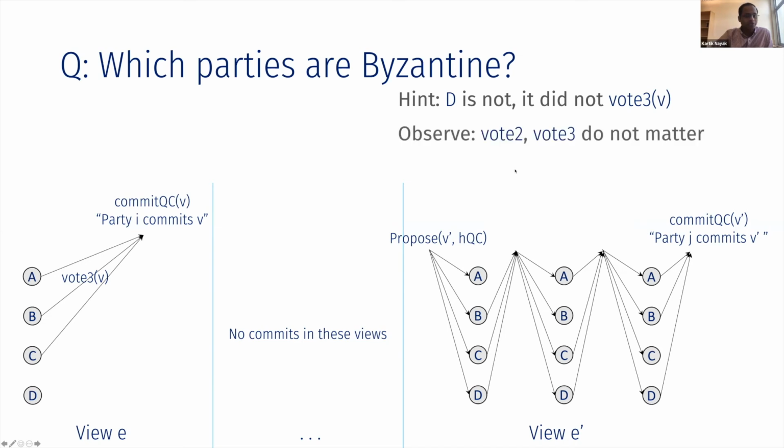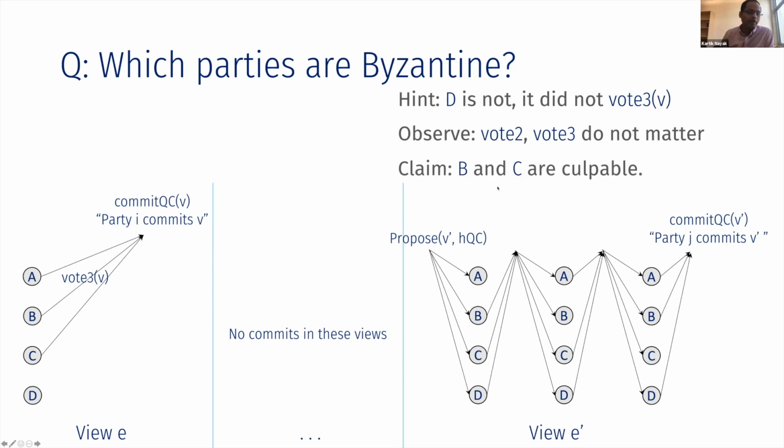A second observation that we must make is that vote 2 and vote 3 in VUE prime do not matter, because to perform these votes, all I need is a QC from the previous round of votes, which if obtained, then I can just go ahead. That is sufficient proof for me to do vote 2 and vote 3.